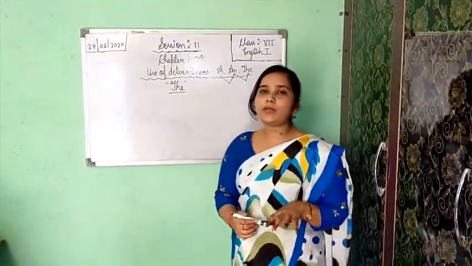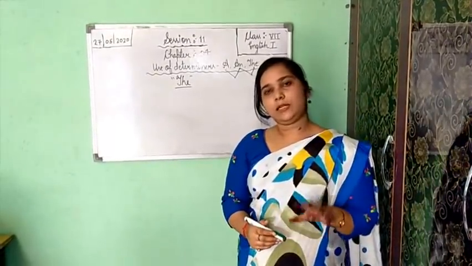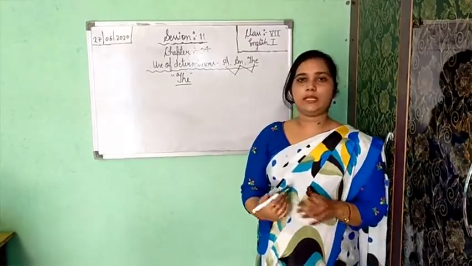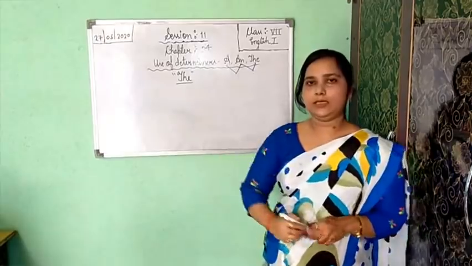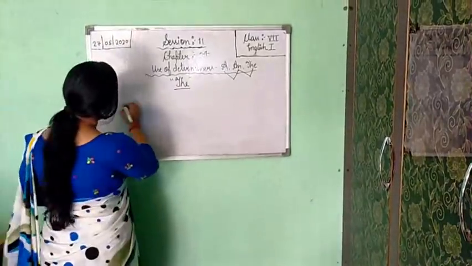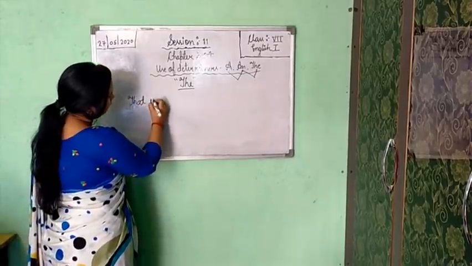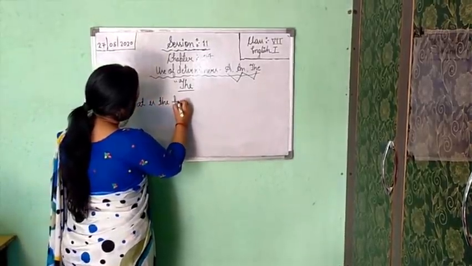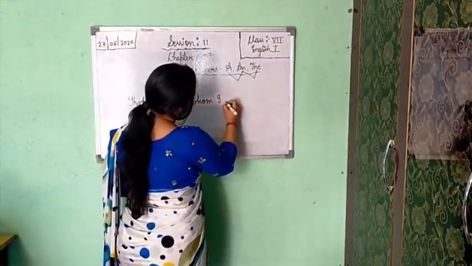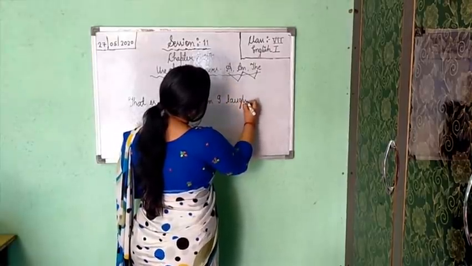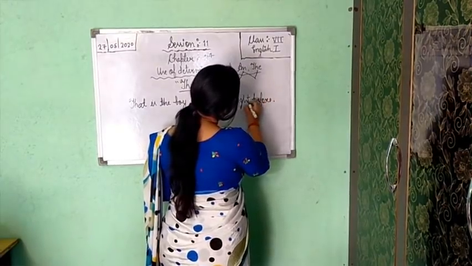First thing, for denoting a particular name, a particular thing, whether it is the particular name of a person, a particular name of an animal, or a particular name of a thing, we will use the determiner the. For example, that is the boy whom I taught before.